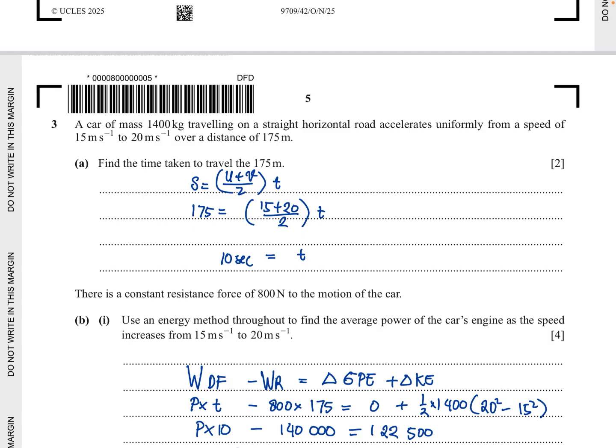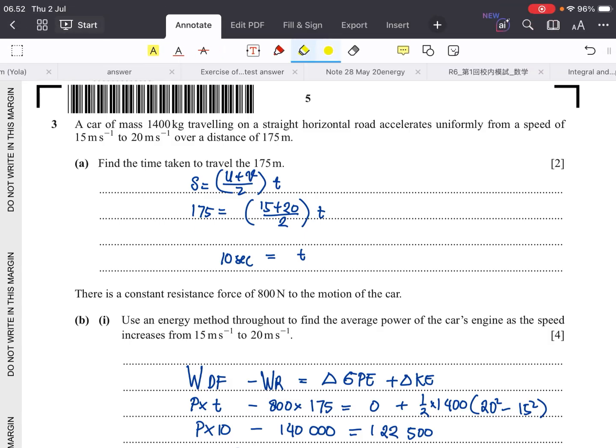A. Find the time taken to travel the 175 meters. So to find the time, it can be easily found by using formula S is equal to U plus V divided by 2 times T. So T is equal to 10 seconds.